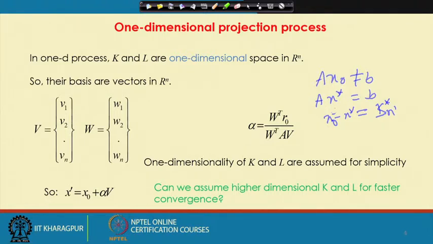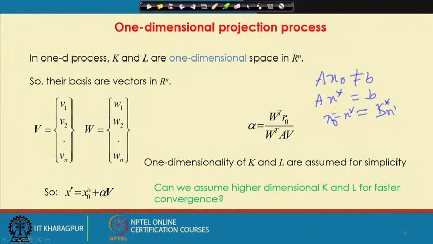So, now we should see what the implications of taking higher dimensional K and L are, and how we can find the basis of higher dimensional K and L. We need to find this basis V and also this basis W before we find out alpha and multiply alpha with V, and then we update the solution x prime.